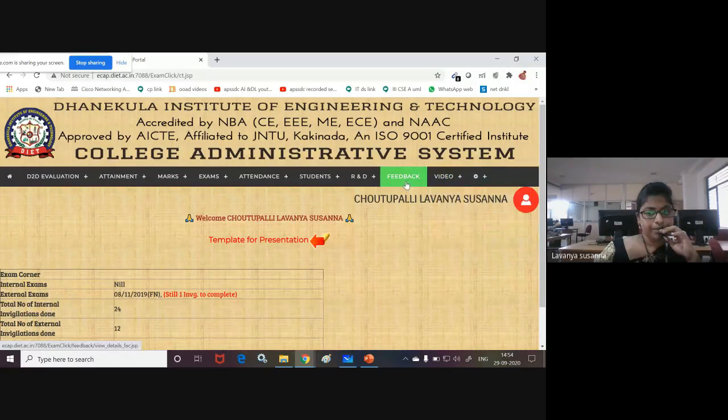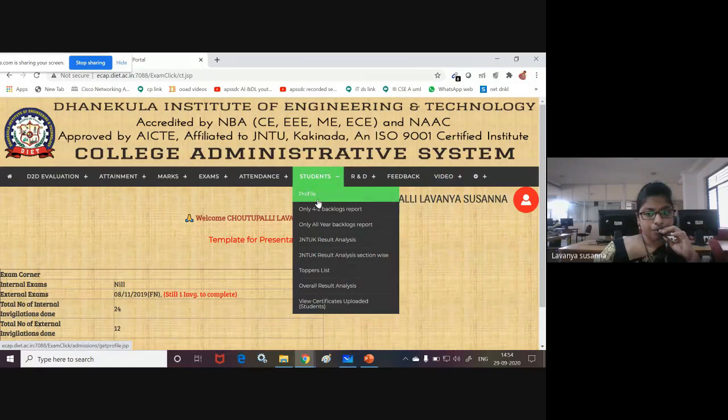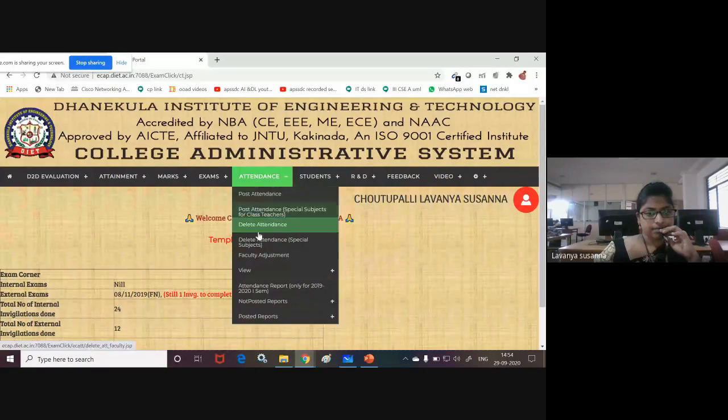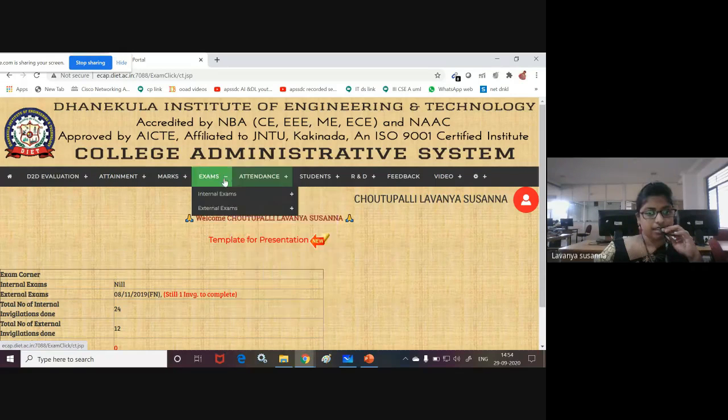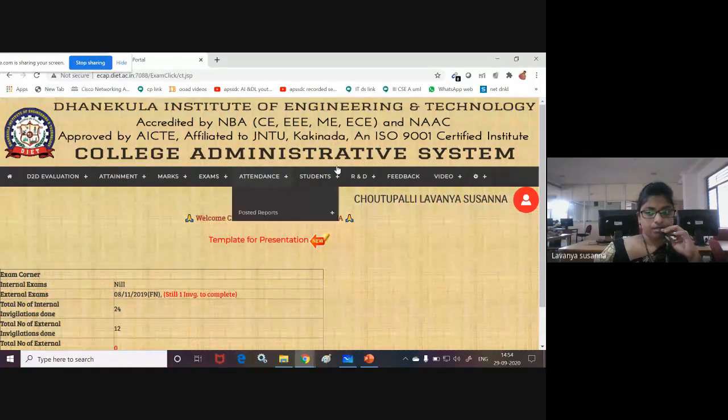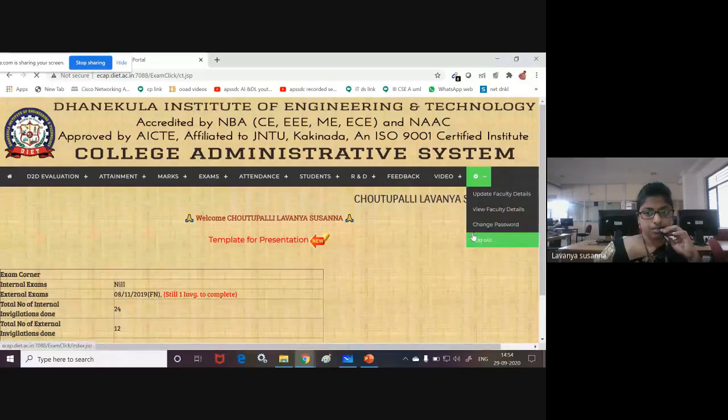I can view the feedback. I can view the student's profile. All these things you can view if you are logging into the system. If you logged into the system, you can view the marks just like this. There are some other functionalities like view attendance, view exam marks, something like that. Okay, you know all those things. I hope you understood, students.